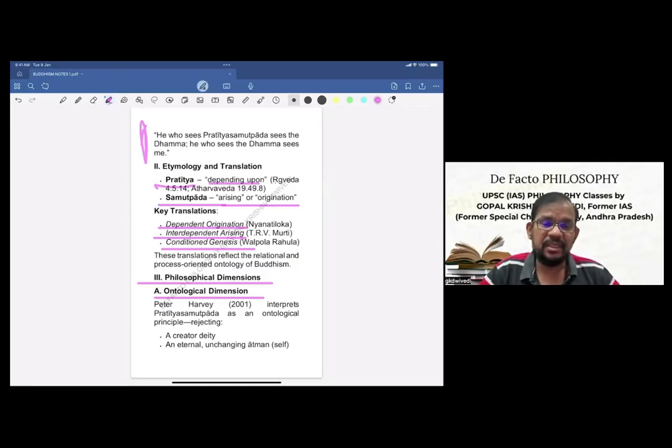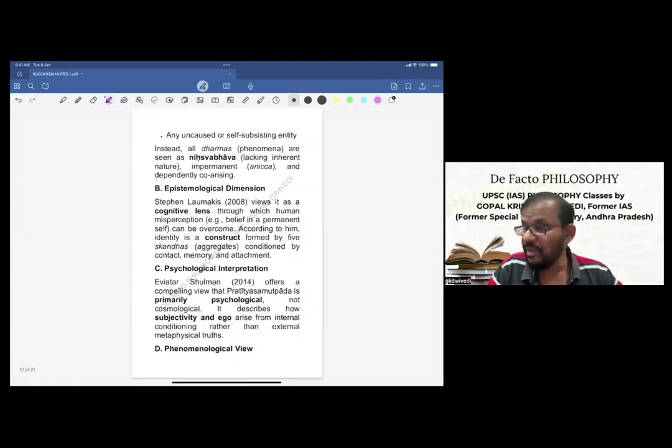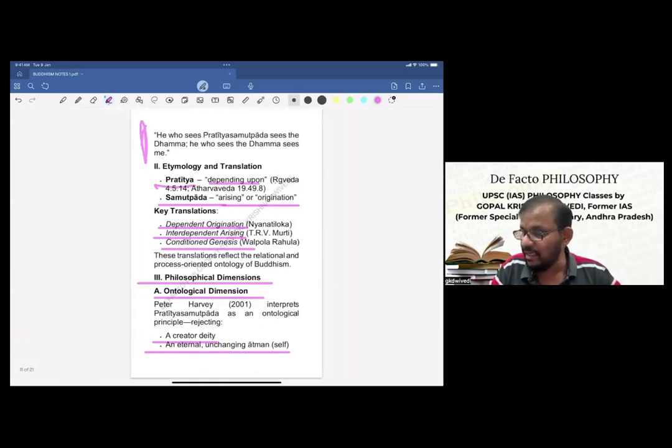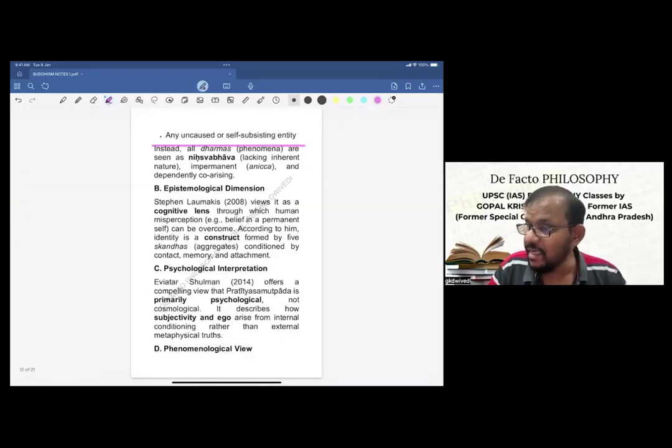He interprets Pratyut Samutpad as an ontological principle rejecting a creator deity, an eternal unchanging Atma, that is self, and any uncaused or self-subsisting entity. These are the three conclusions he has derived. It rejects a creator deity, an eternal unchanging self, and any uncaused or self-subsisting entity. So all three are rejected by Pratyut Samutpad.